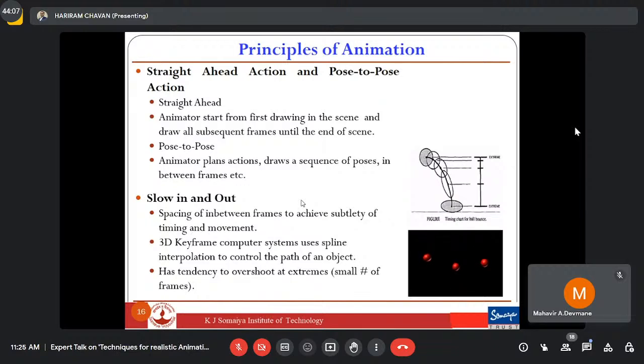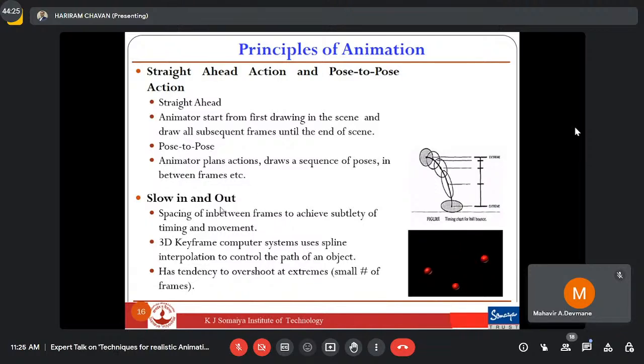In the last few seconds, it will be a bit slower compared to the actual motion, and that is the sequence for slow in and slow out.